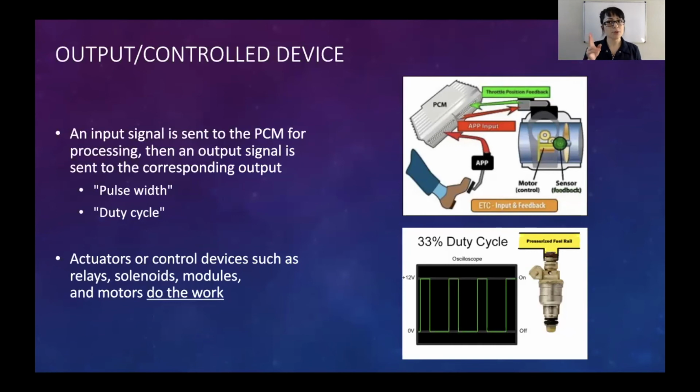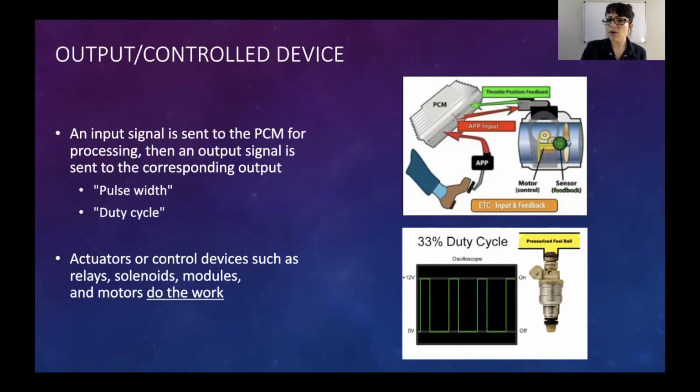Now, there's 2 terms you should know. One of them is pulse width. Pulse width is going to be how long I command something on for. So let's say, right here we've got an oscilloscope, and I'll get to duty cycle in a moment, but this is our solenoid for fuel, our fuel injectors, right?